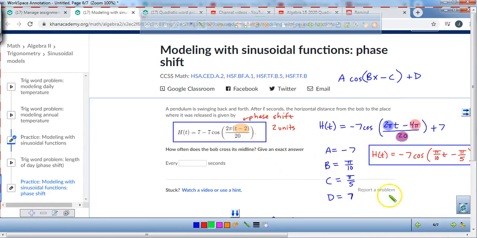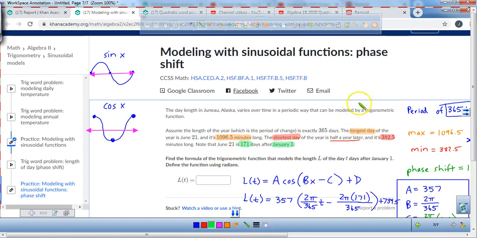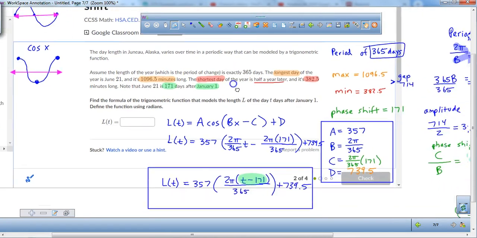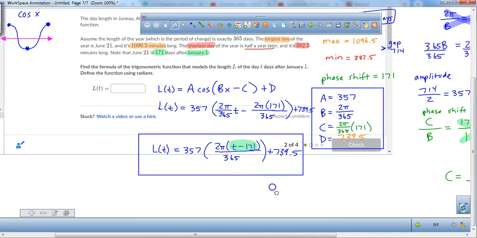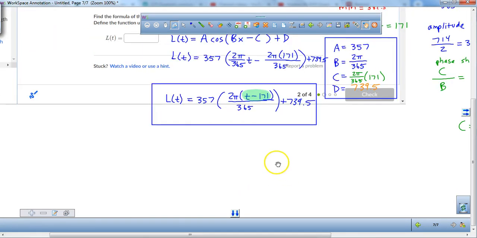Here the phase shift was 2. See how it's 2 pi over 20? All right, and interestingly enough, what was the length of the period in this problem? The length of the period was 20. Over here, what's the length of the period in this problem? The length of the period in this problem was 365. So it kind of gives you some clues of how to do it on your own.